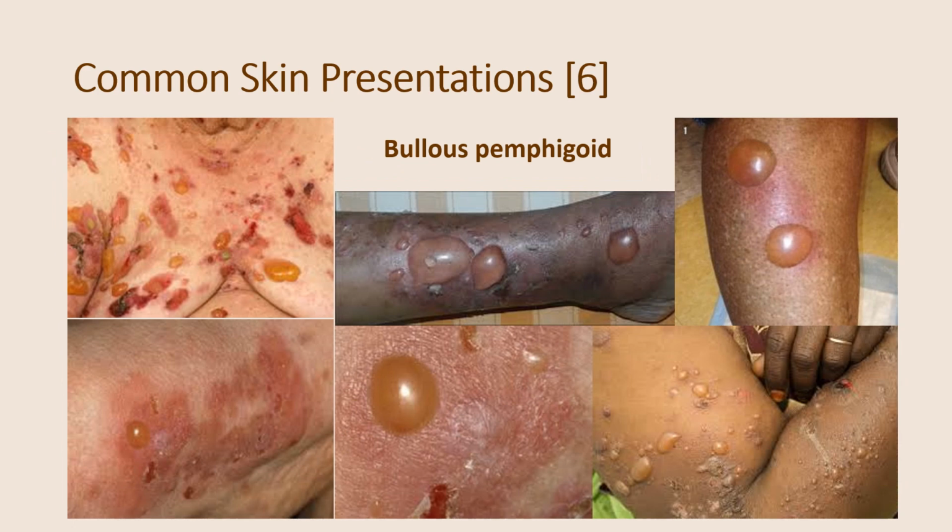This slide shows bullous pemphigoid, which is a blistering skin condition in both individuals with lighter skin and in individuals with darker skin types. Bullous pemphigoid starts as an erythematous, itchy, urticated rash, and this precedes the development of blisters.